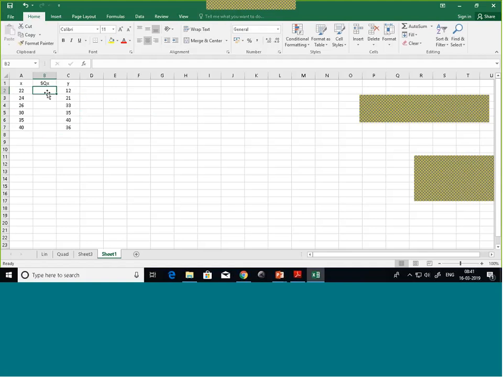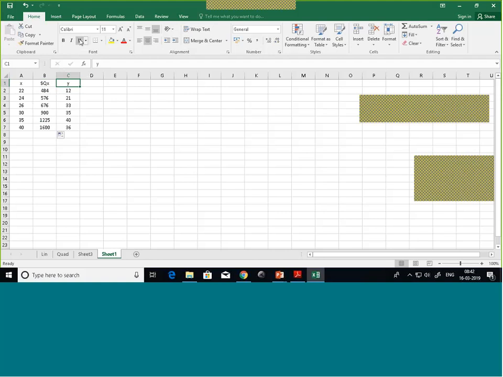You have to calculate the square of the number. You can use the formula: equal to this number power 2, enter. So you got 484. If you scroll down, you will get all values. This is your first independent variable z1, this is your second independent variable z2, and this is your dependent variable.